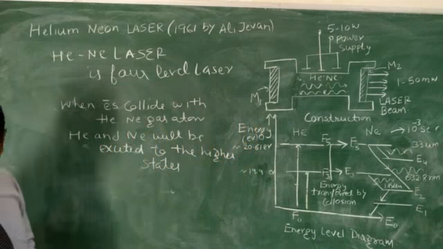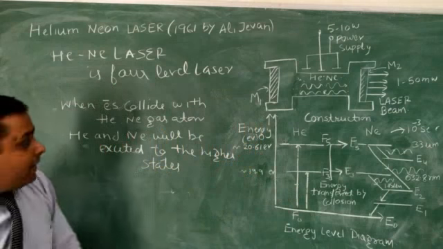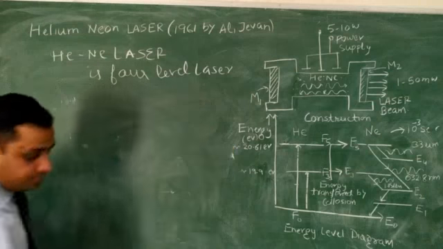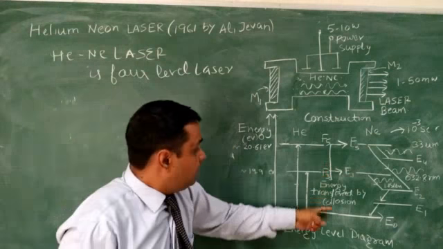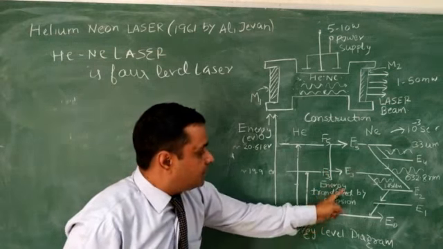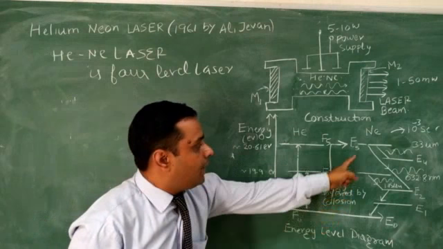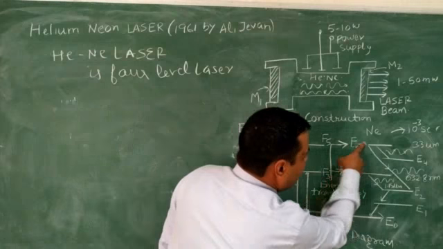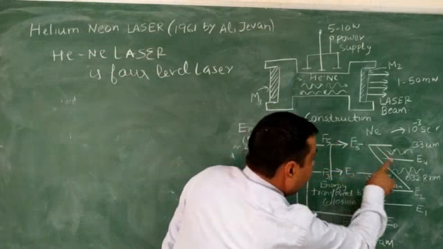Now the transition probability. What will happen when the helium transfers the energy to the neon atom, and it goes to the higher state, and at the metastable state there will be three processes.